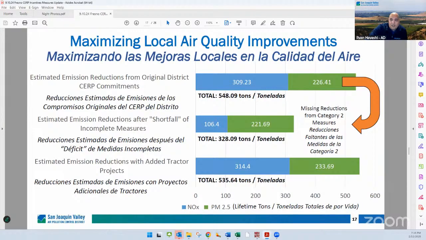So this is trying to show that if we were to reallocate some of this funding, how this would fill in some of the shortfalls that we're expecting from some of those other measures not being able to be completed.